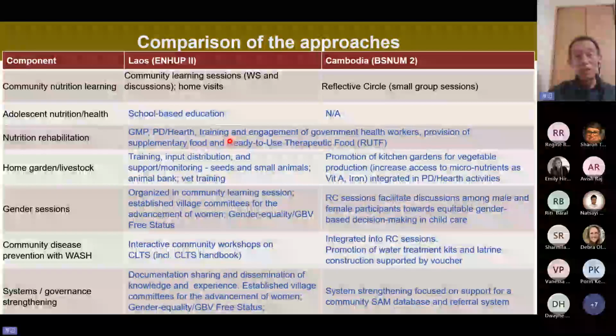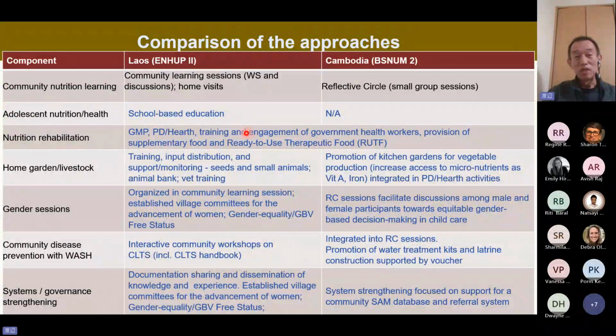Later on, the Laos program was modified a little bit to shorten the number of days. In Cambodia, because of COVID, it was quite difficult to implement this key intervention part, but they also adapted this model by using more of a home visit approach.